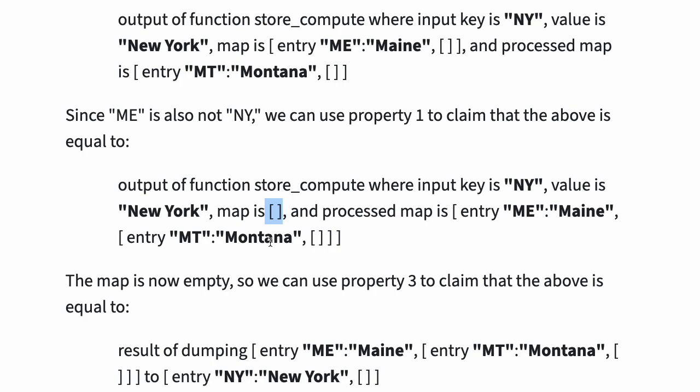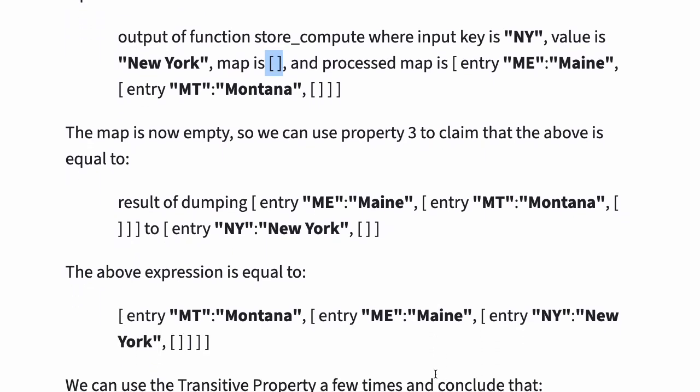The map is now empty, so we can use property 3 to claim that the above is equal to the result of dumping the map ME Maine, MT Montana to map NY New York. This is equal to the map MT Montana, ME Maine, NY New York.